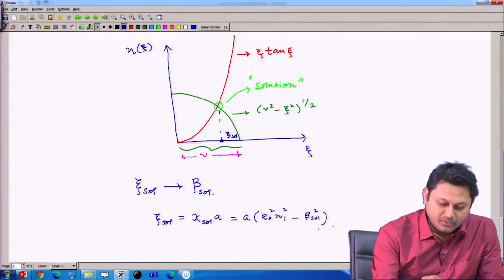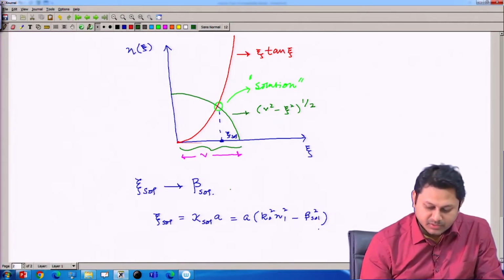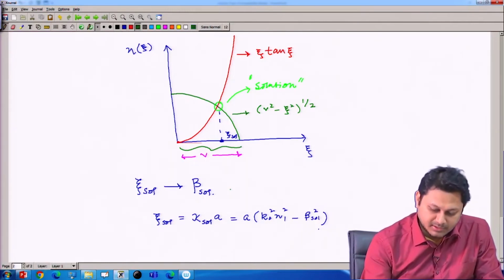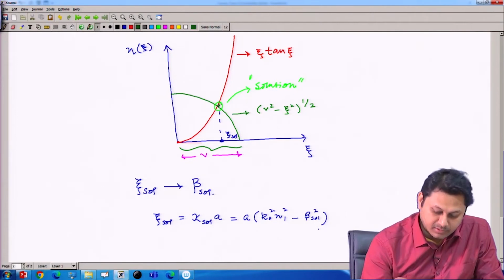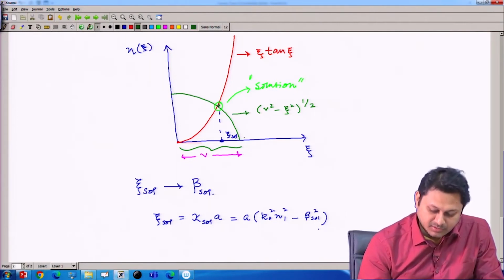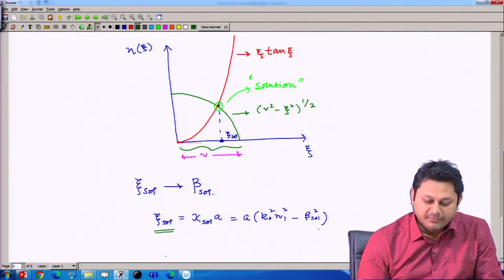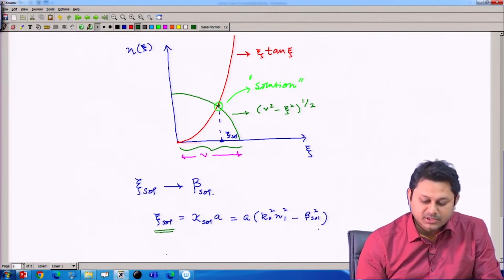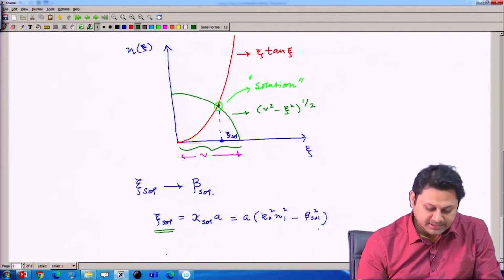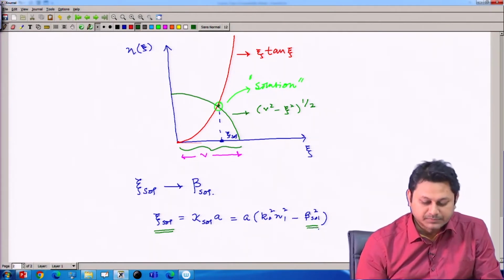So, if I know from this transcendental equation what is the solution at this point, this is my solution xi sol, and I can find that just by plotting this equation graphically. After plotting this equation graphically, I can find out what is the value of the propagation constant for this mode.